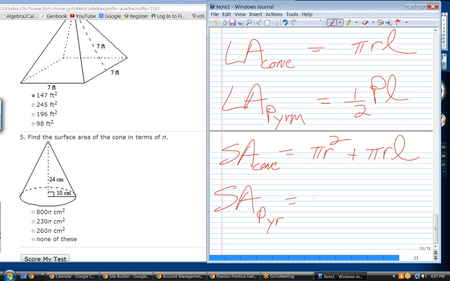There's no radius, but there's a side length. So it's the area of the base. Area times the side length? No, just the area of the base plus the lateral area.